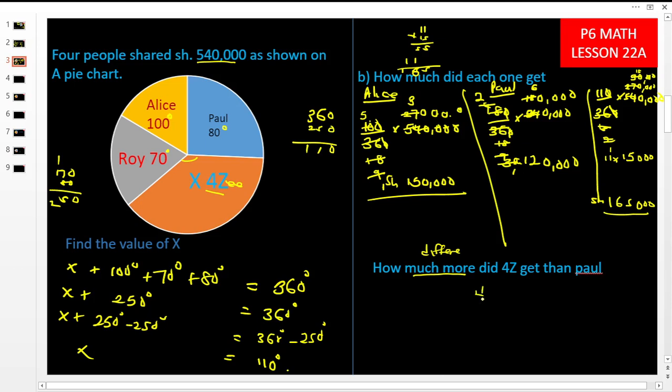So we are getting 4Z minus Paul. 4Z got 165,000 shillings minus Paul who got 120,000 shillings. So we are subtracting 0, 0, 0. This is a 5, then a 4. So this one got 45,000 shillings more than Paul.